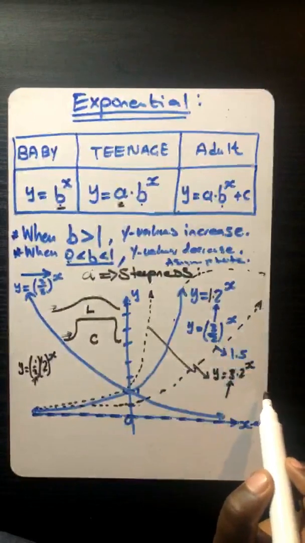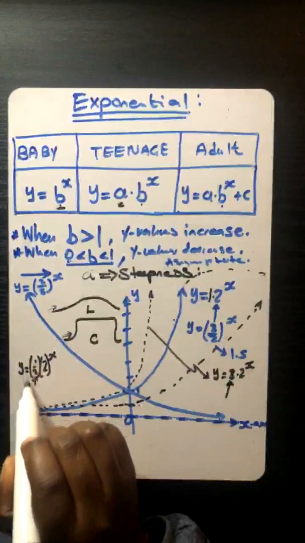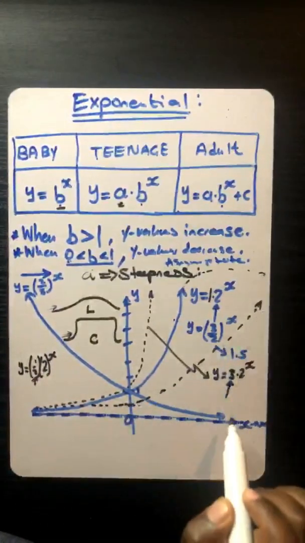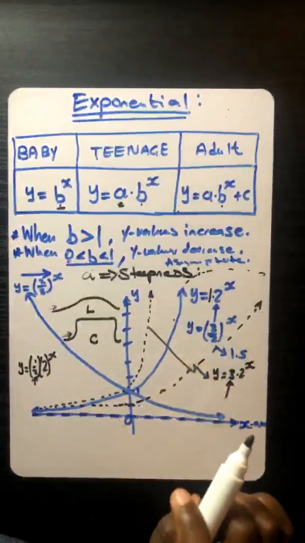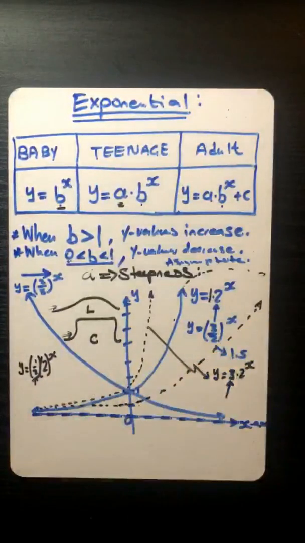Why? Because the steepness, or the a value, is smaller, therefore the slope is not that steep, but just smooth or gradually increasing.